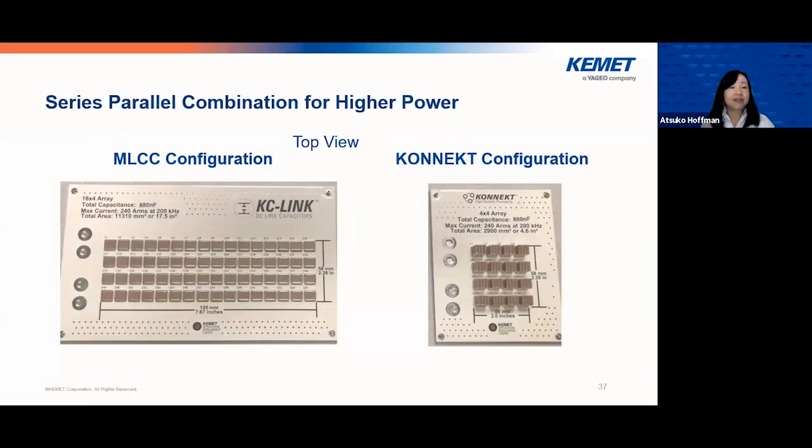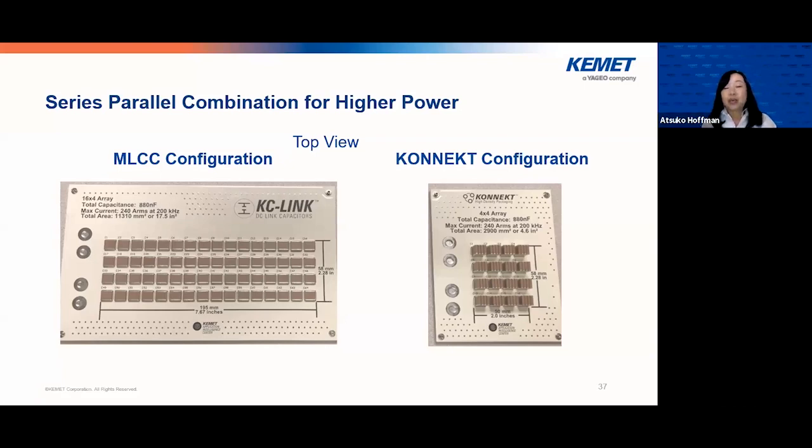Here we have an actual example. This is a 16 by 4 array. The total capacitance of 880 nanofarad, and the current capability of 240 amps at 200 kilohertz. But if you take a look at the left-hand side picture, it's pretty big.